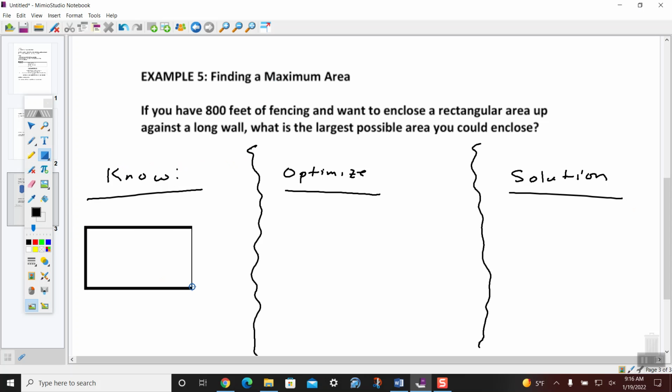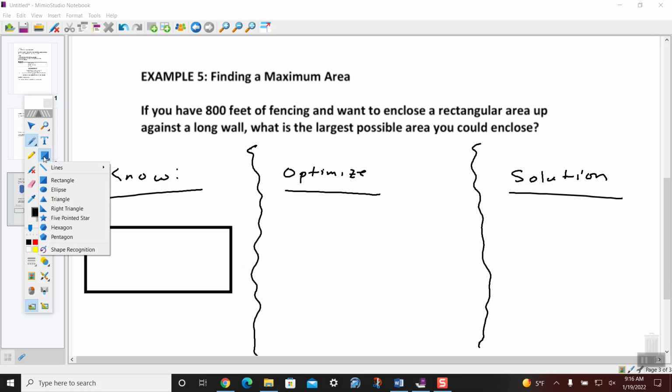It's like you have this fencing right here, and along this there's like a wall. I'm going to draw a line in here as best I can. Let's just say there's a line right here that's extended, a longer line up here. This is like the wall of a building.